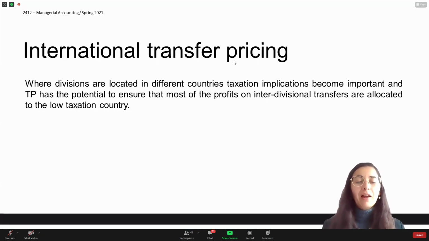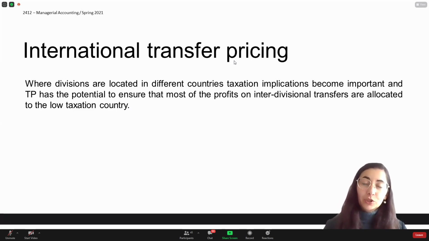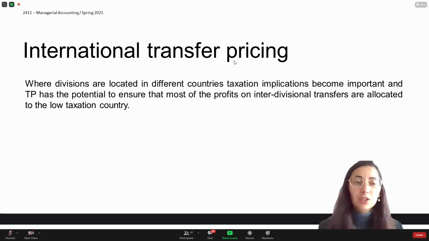So then we have international transfer pricing, which was the example we were talking about before in terms of taxes. When we have divisions that are located in different countries, taxation implications become very important, and transfer price has the potential to ensure that most of the profits of these interdivisional transfers are allocated to the low taxation country.